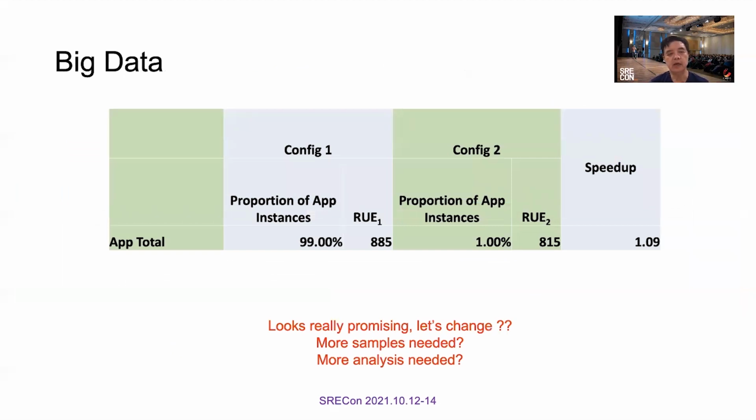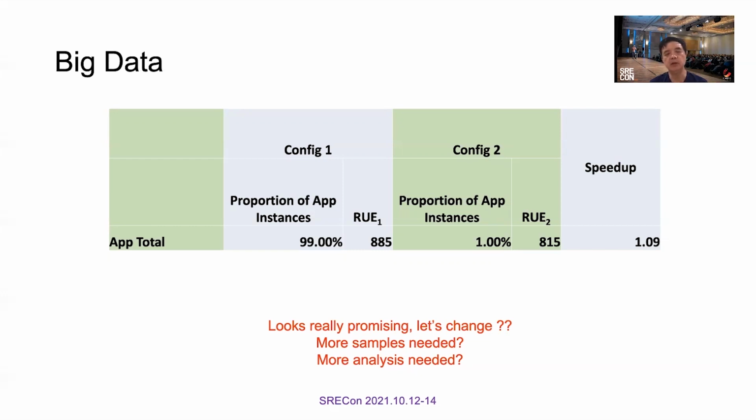So here is an example of the data. Again, this is just for illustration. This is not real data. When we launch a test of a large number of application instances, in configuration 1, we get the metric of 885. In configuration 2, we got 815.